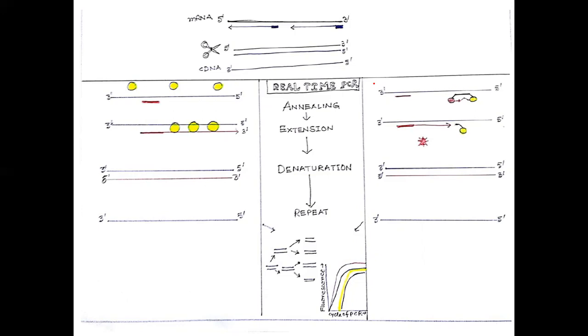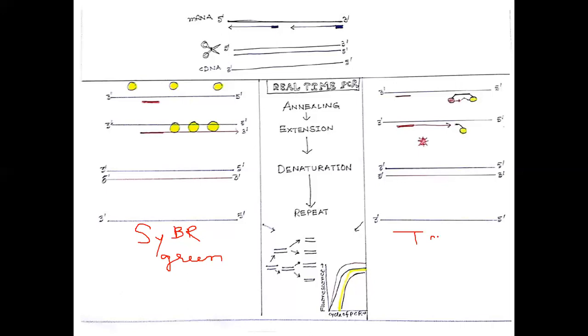For that, there are many strategies, but these are the two widely used strategies which I am going to discuss today. One is using a double-stranded DNA binding dye. The name of the dye is SYBR Green, or any other intercalating dye which binds specifically to double-stranded DNA. Or we can use a specific probe. For example, here we have used a TaqMan probe.